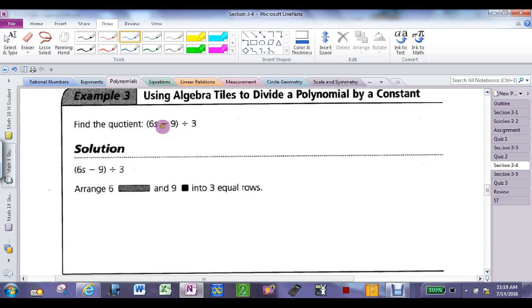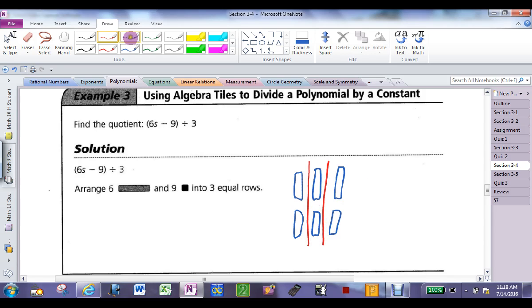Yeah? Okay, turn the page over, and we are only going to do one algebra tile division question. Take your polynomial, draw it, and cut every term into groups of 3. So I need 6 positives. And I need to cut that into 3 groups. How big are those groups? 2 each.